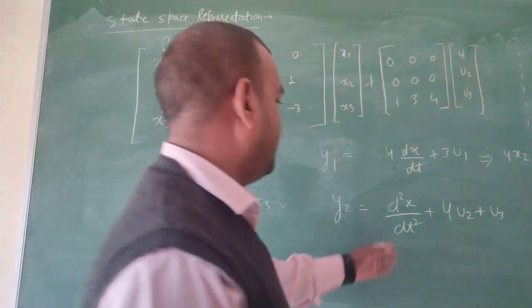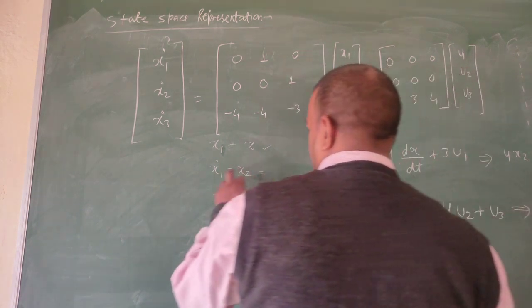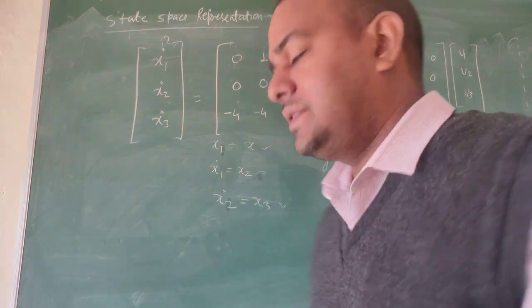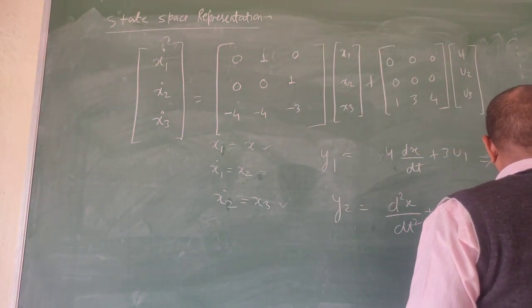Similarly, for the y2 equation, it will look like d square x by dt square, which will be x3, right? So here we can write x3 plus 4u2 plus u2.